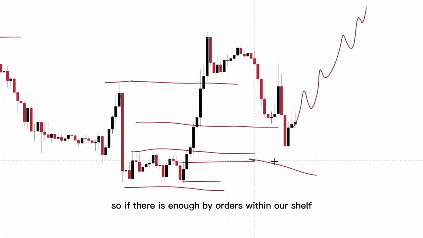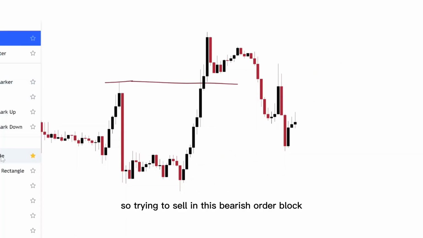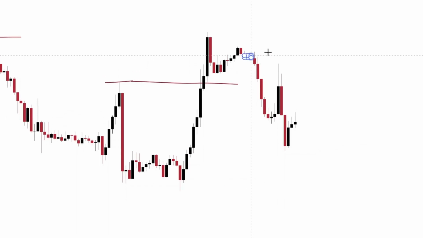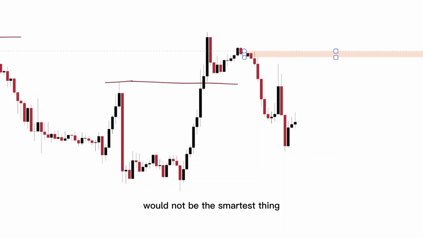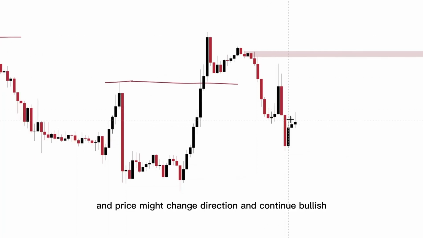So if there are enough buy orders within our shelf, then price will continue higher. So trying to sell in this bearish order block would not be the smartest thing. Why would you not want to sell when price comes to this order block? Because price is changing character and price might change direction and continue bullish.